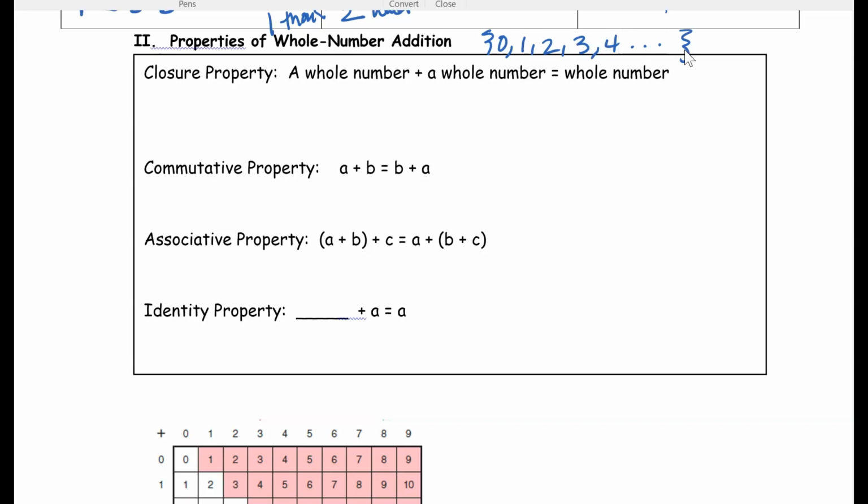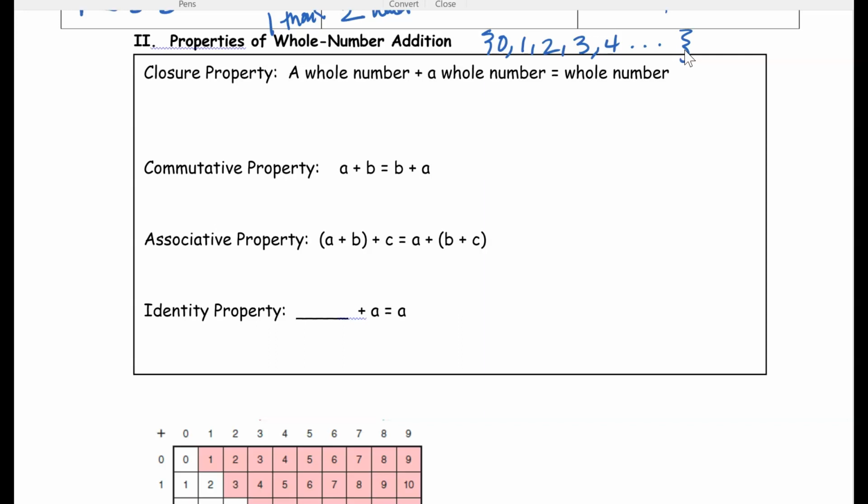So whole numbers include 0 and any type of positive counting number. So when you add a whole number to a whole number, you always get a whole number. Is that true? Yes. Think about it. Is there any possible way to add two whole numbers and get a decimal or a fraction like 3/4? There's not. So that's called the closure property, when you're always going to get a whole number for an answer.